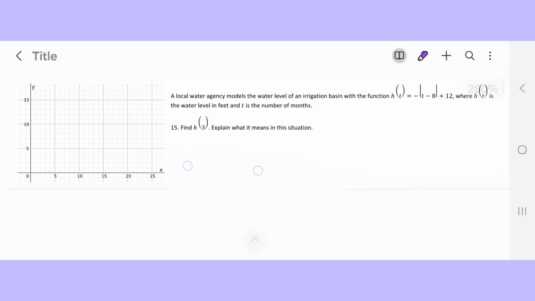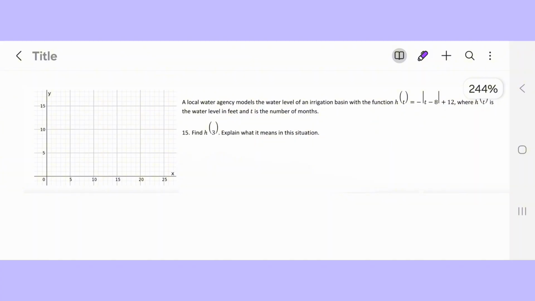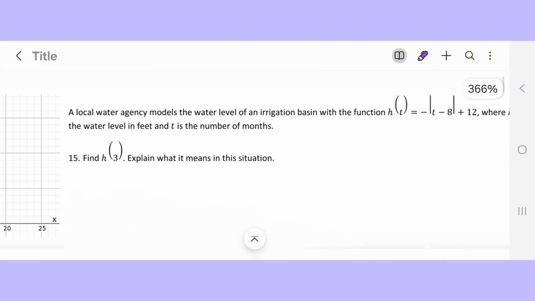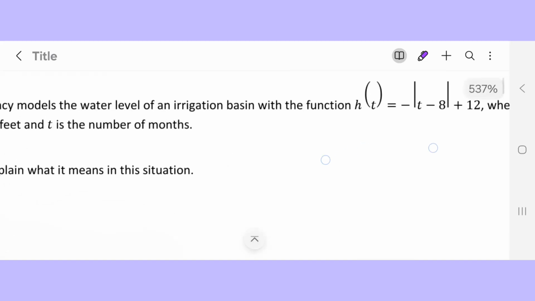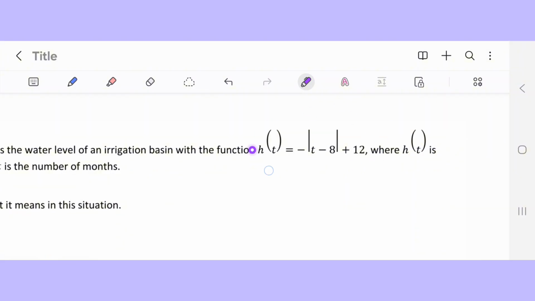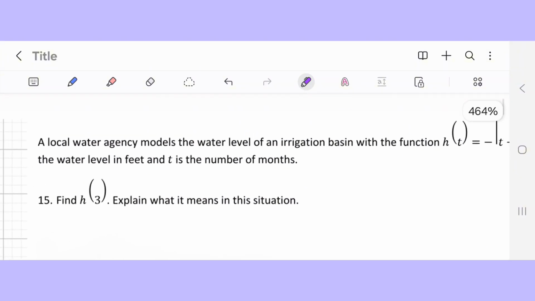Alrighty guys, so this is the last question that we're going over in this video, and this is question 15. Here we are told a local water agency models the water level of an irrigation basin with the function, where h of t is the water level in feet and t is the number of months.